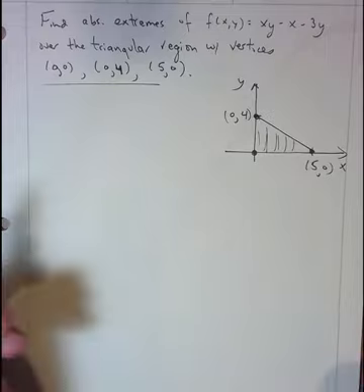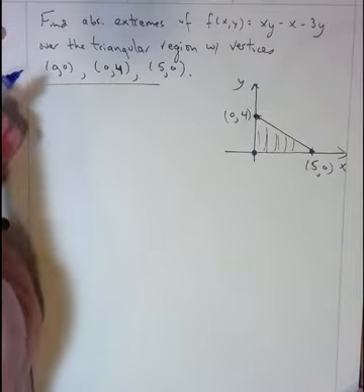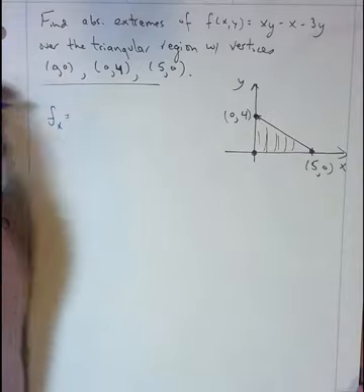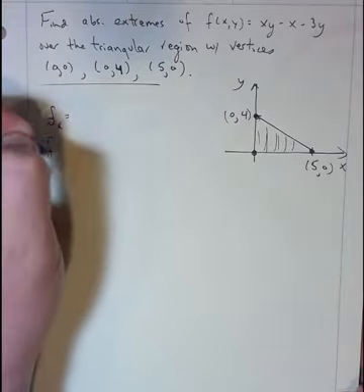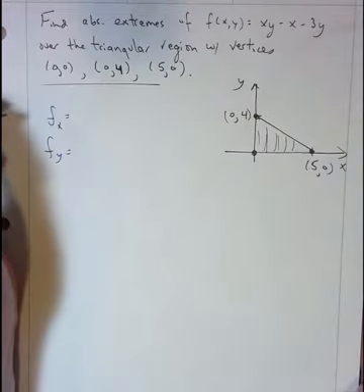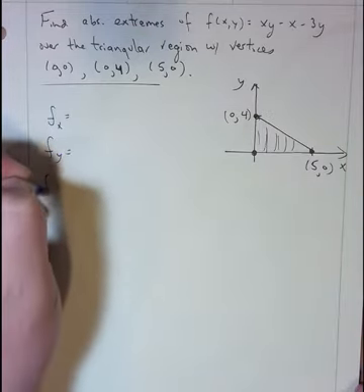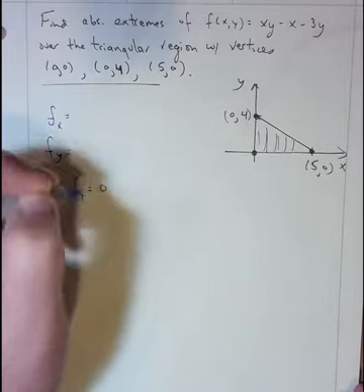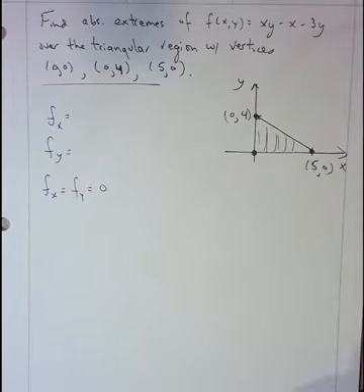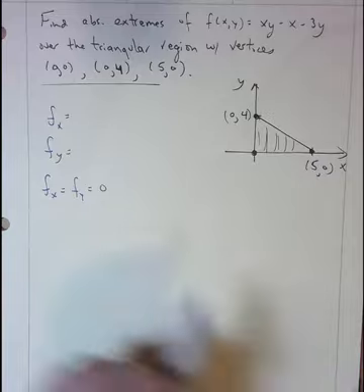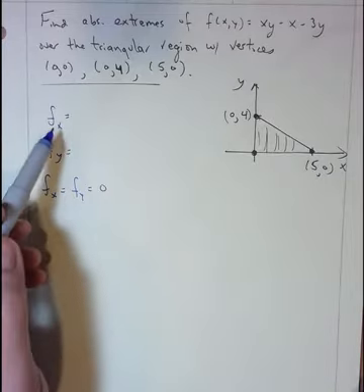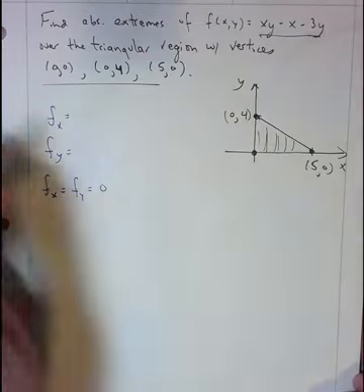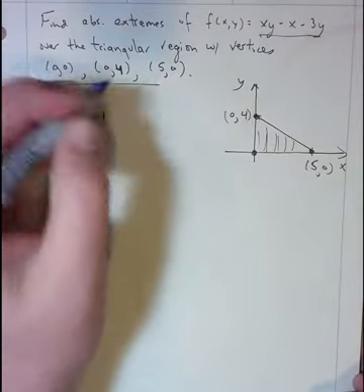So we have to find critical points for this in the multivariable sense, which means we need to find the first derivative with respect to x, we need to find the first derivative with respect to y, and then we have to decide if there's a location where both of them happen to be 0 simultaneously. Now these derivatives are not too bad. Our function is right here. The first derivative with respect to x is y minus 1.